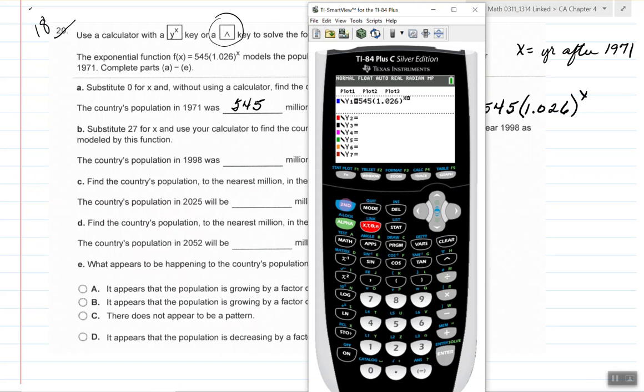But let's look. Let's go to second table, and I'm going to delete these old values, and I'm going to put in 0 like it told me to and enter. And even though it's very tiny, it's 545. That's what, and it is in millions.